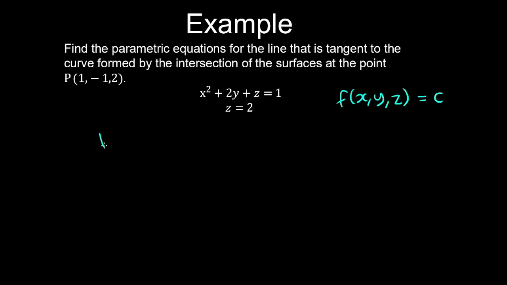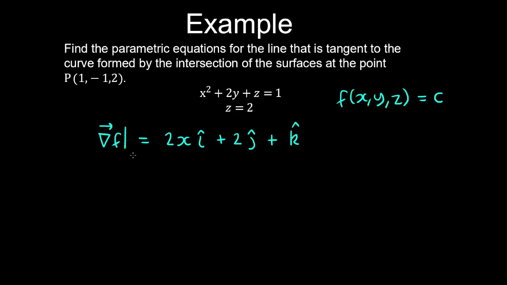So if we find the gradient of the first surface, so we'll define this by function f, that's equal to the partial with respect to x in the i direction, plus the partial with respect to y in the j direction, and plus the partial with respect to z in the k direction.